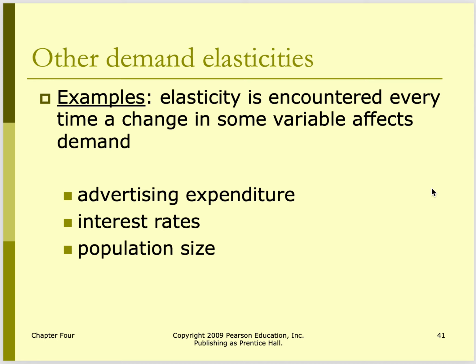Interest rates, same thing. Does a percent change in interest rate increase the quantity of loans? I mean, why does the Fed lower rates? Because they think they're going to increase the amount of loans at a lower rate and stimulate the economy. Population size.